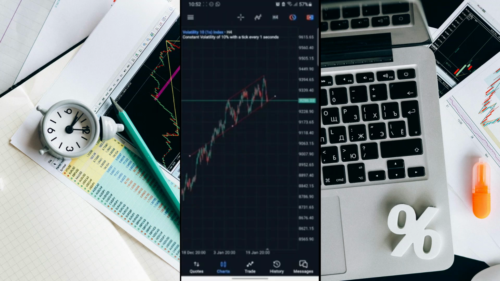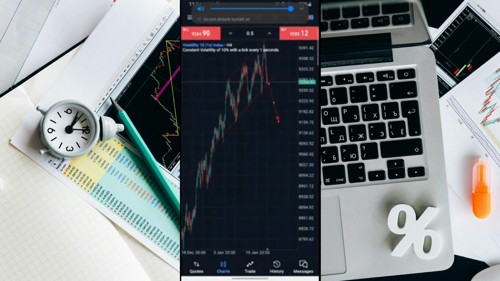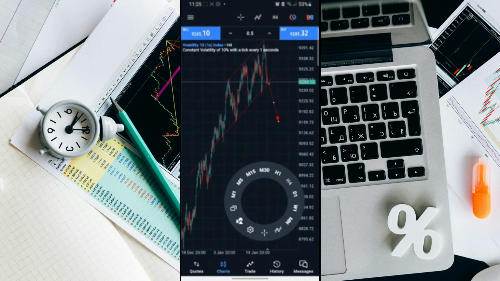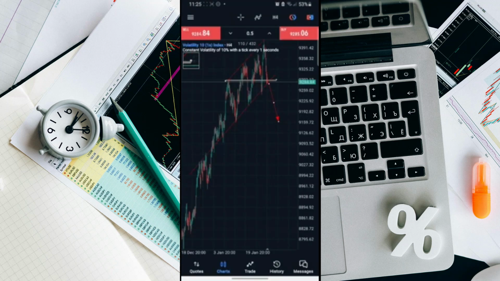For example, this one is known as a rising wedge because it's a bit steeper than the last one, but then a rising wedge usually breaks on the downside. As you can see, it doesn't really matter where it ended from, but then a falling wedge usually breaks on the downside.